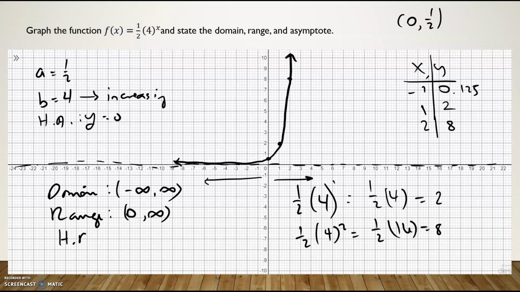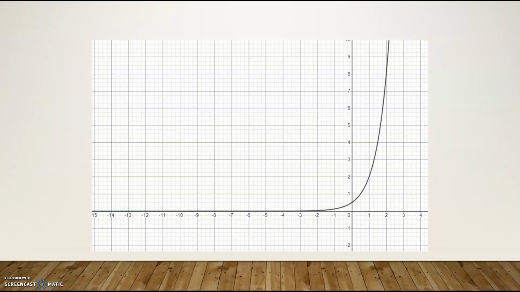And we already labeled our horizontal asymptote. We said that is y equals 0. This is what it should look like. Now notice we have our points 0 and 1/2 right here, 1, 2, and 2, 8. And it's also increasing, and we have a horizontal asymptote at y equals 0.